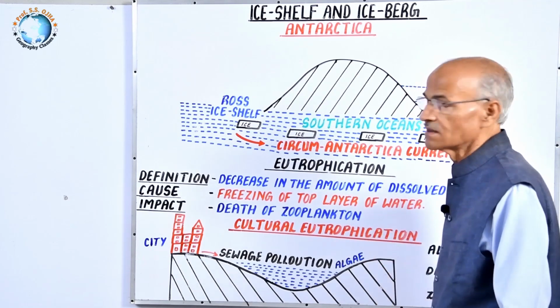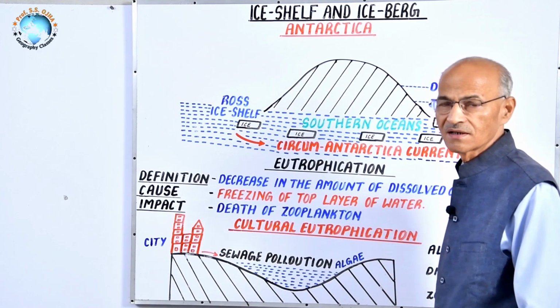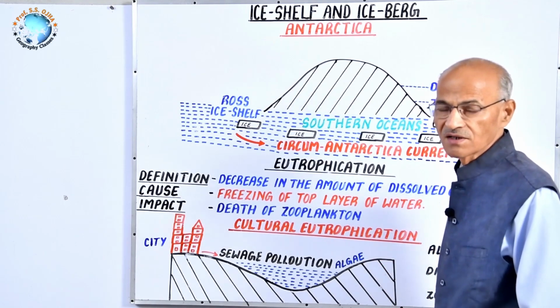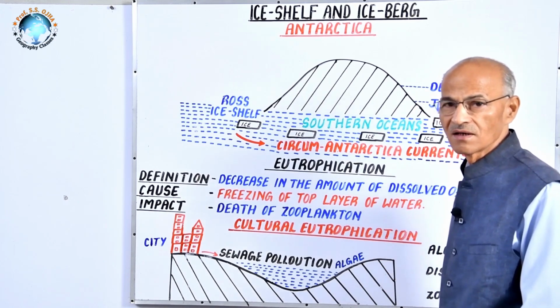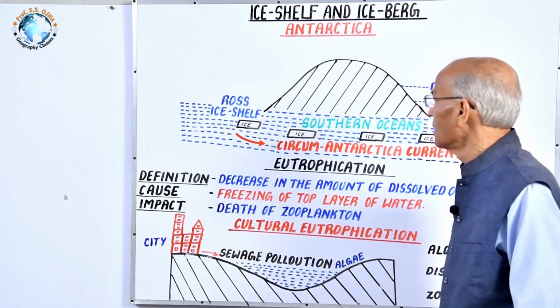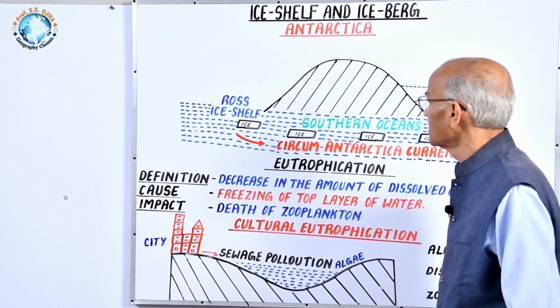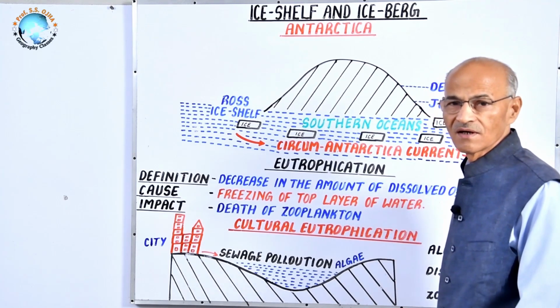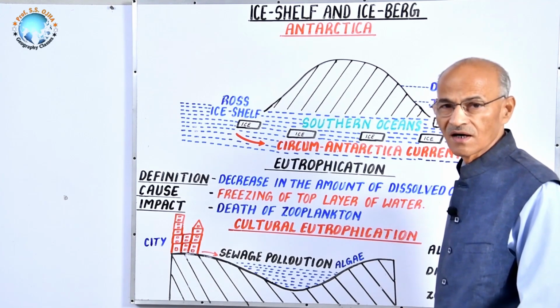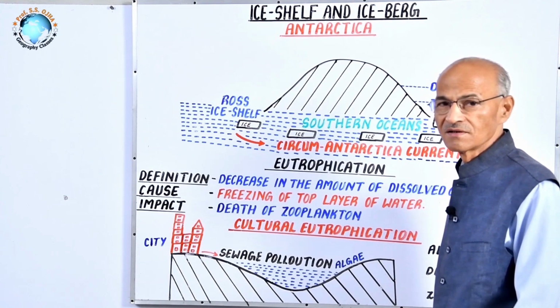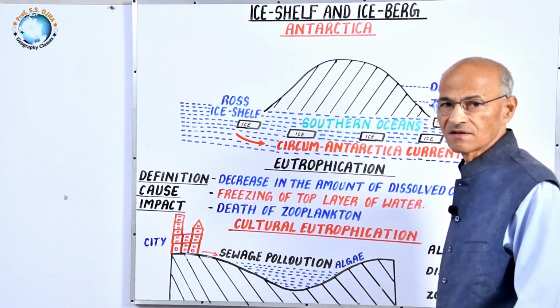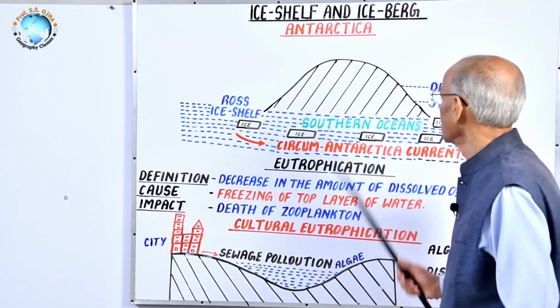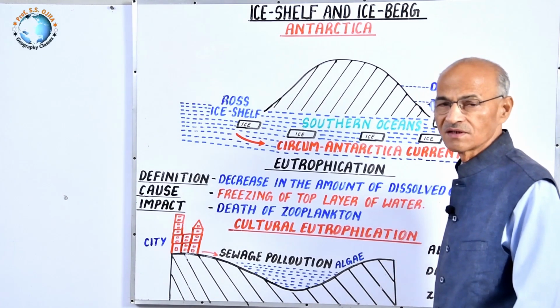Here let us take the example of Antarctica, which is the largest laboratory of glaciology on our planet Earth. Antarctica is covered completely with a thick layer of ice, mostly winters. In the month of June, there is winter season, but in the month of December, there is summer season.